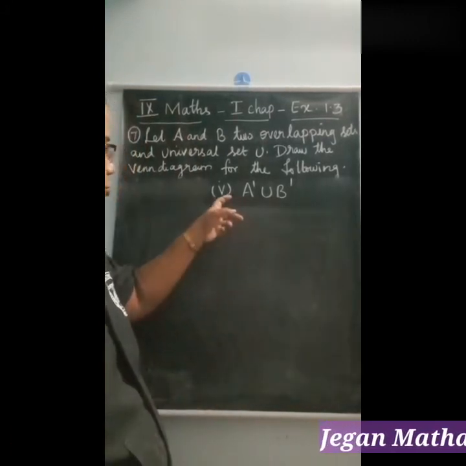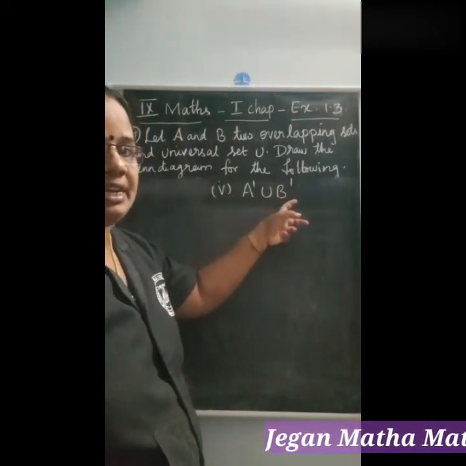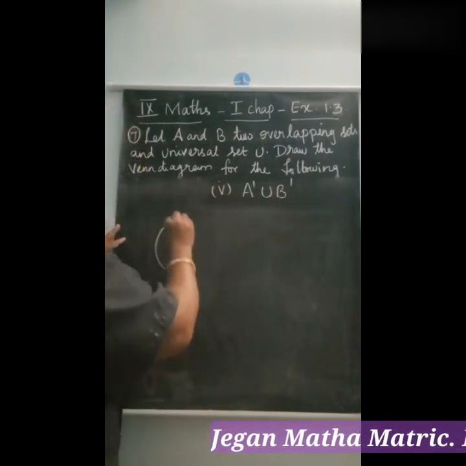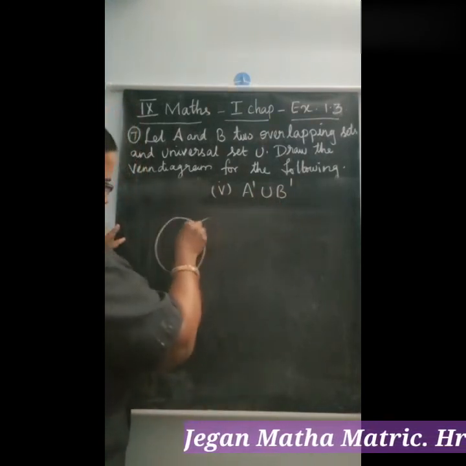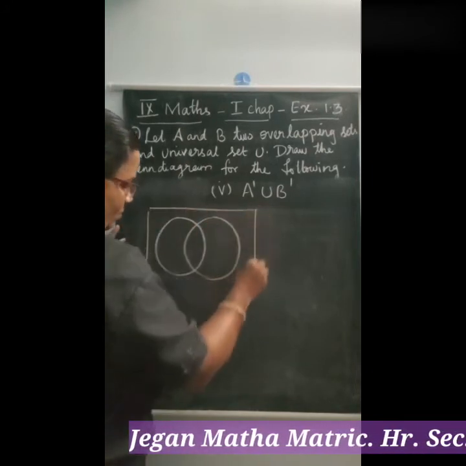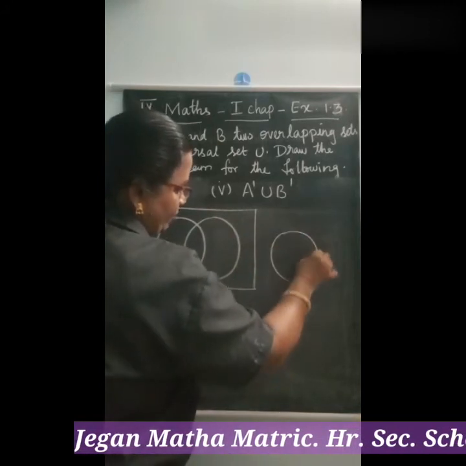And then next one, the fifth, A dash union B dash. How do we represent it by Venn diagram? First you have to draw A dash. So first the A set, this is the B set. And you have to draw one more diagram for B dash.